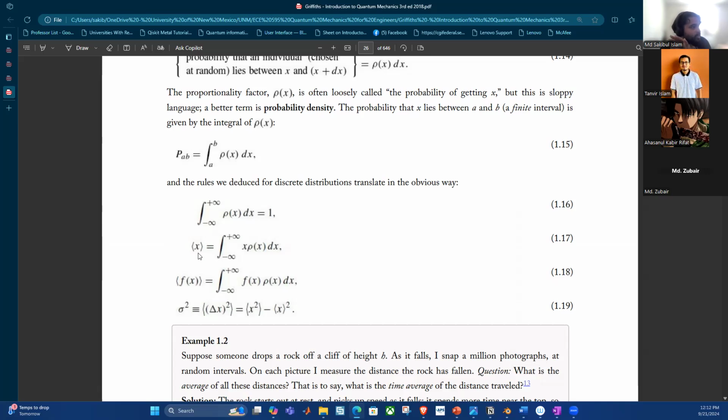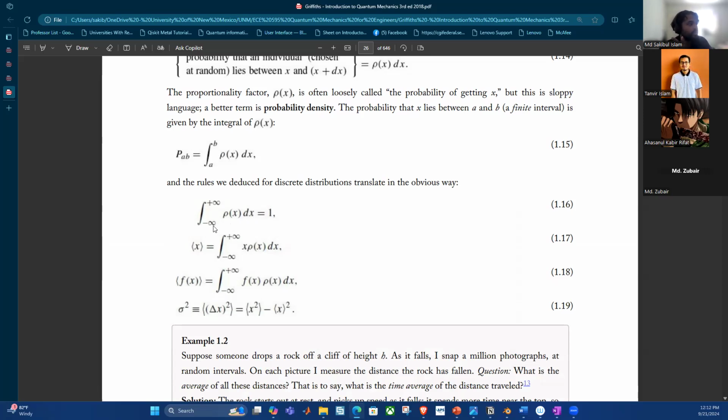Average of the x variable. This is my probability distribution, x multiplied by rho x dx. That rho x dx is analogous to the probability, because like I was saying, when it is discrete we do the sum, when it is continuous we do the integrations.